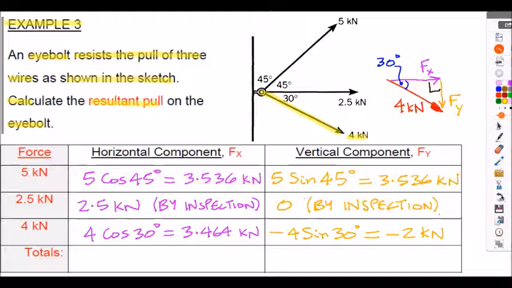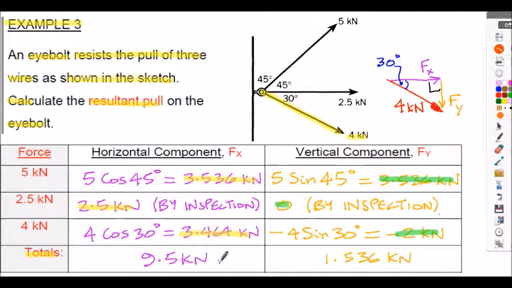All we're going to do now is summate and find the total of all the Fx components. So we'll add this component to this one to this one. So that gives me a total of 9.5 kilonewtons for the horizontal summation. And then we total up this vertical component, this one, and this one, which summates to 1.536 kilonewtons.